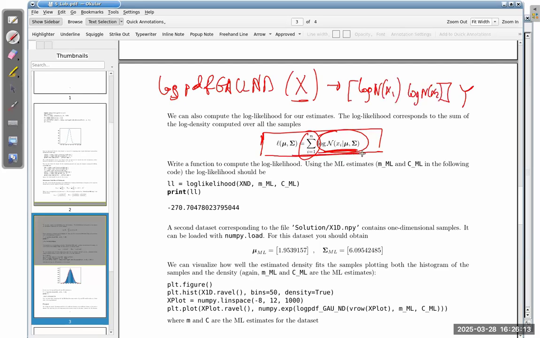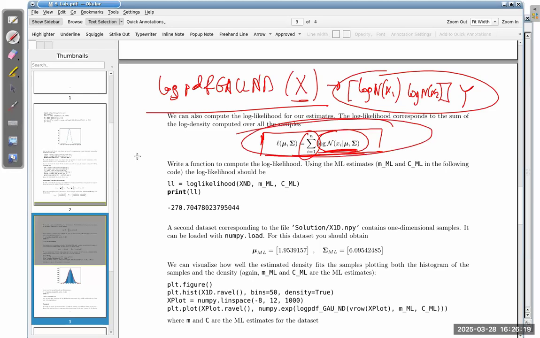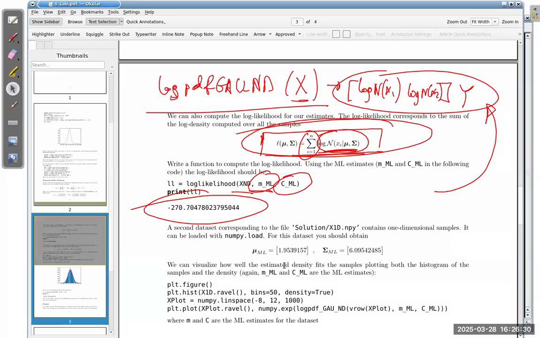The log likelihood is nothing else than the sum of the values of this array. So if you have done the first part of the laboratory, this should be easy to implement. If you try it with the maximum likelihood solution that you computed on the data XND, you should obtain this value for the log likelihood.